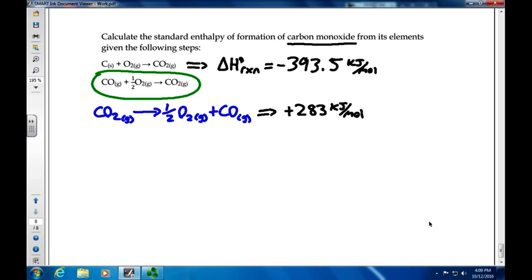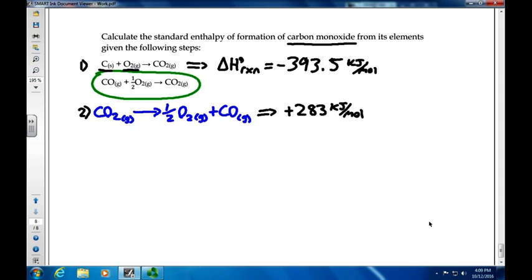We're going to look at this as step number 1 and step number 2. So when we're adding this up, we're not just looking at the formation of carbon monoxide from CO2, we're looking at the formation of carbon monoxide from the combination, the synthesis of carbon solid and O2 gas from our step 1 equation.